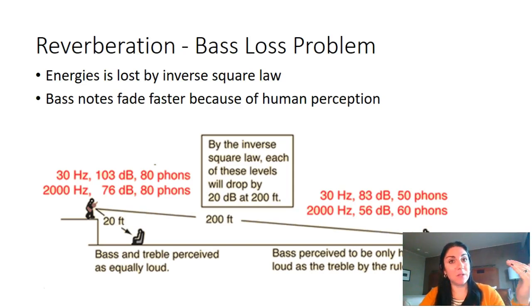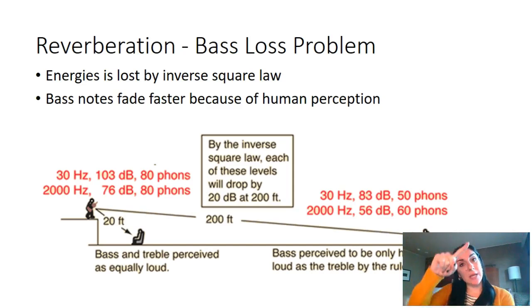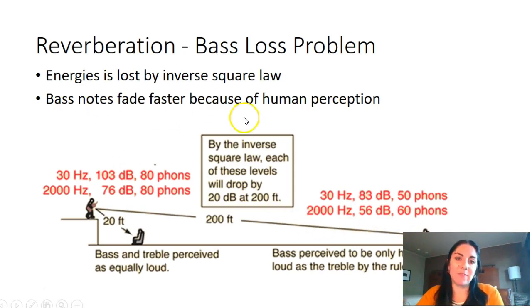As the distance from the source increases, the sound level or loudness decreases. And it actually fades faster in bass notes because we have a hard time hearing bass notes. We have to have a bigger amplification of that.